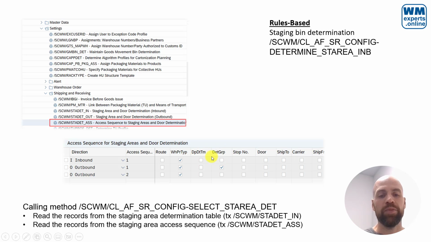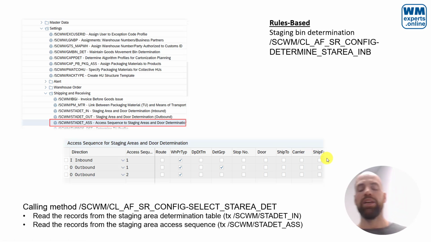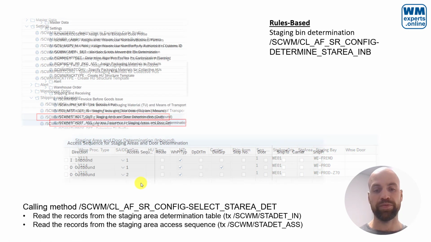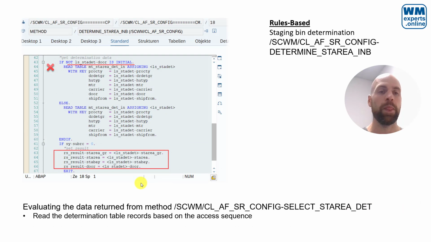So whenever you flag one of those columns here, that means that EWM will compare the data of the respective inbound delivery item with the records that you have maintained here, trying to find one that matches. That's happening in the method that I mentioned before, determine staging area imp. So it reads then the data from the table that I showed you based on the access sequence that I showed you, and returns the result then to method select star ria det.